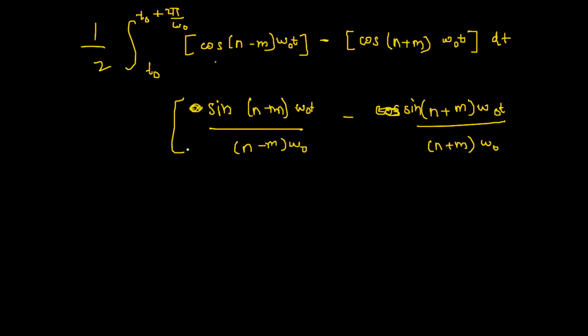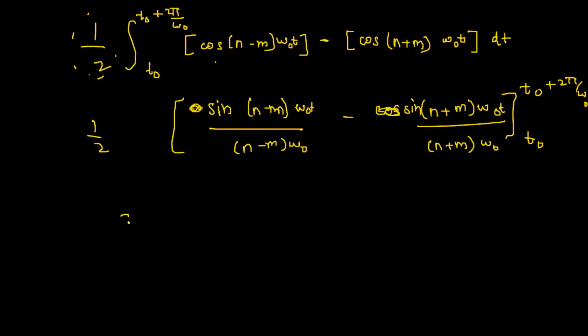Now upon substituting the limits t naught and t naught plus 2 pi by omega naught, the half remains common outside anyway, so we don't have to bother about that.